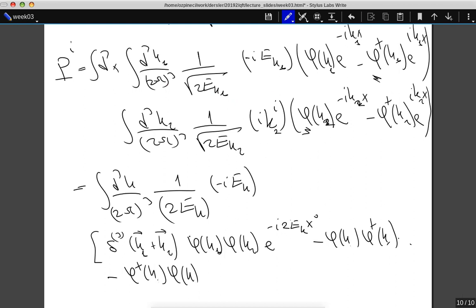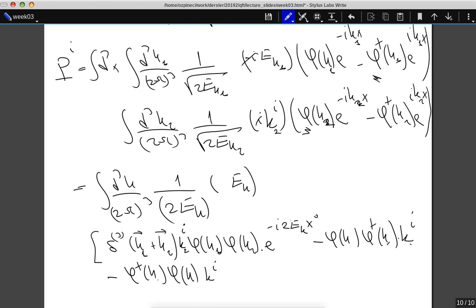By the way, in the first term I have a K2i. Let me write the K2i. Here I have a Ki. I cancel this minus I, so there's no minus I over here. Here there's a Ki, here there's a Ki.